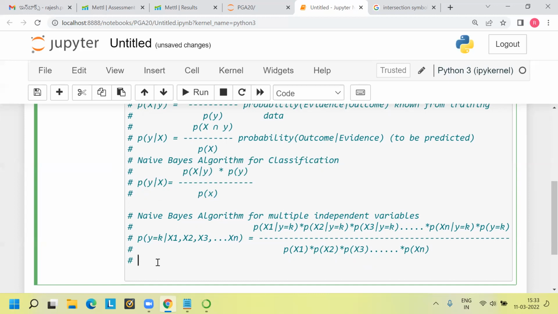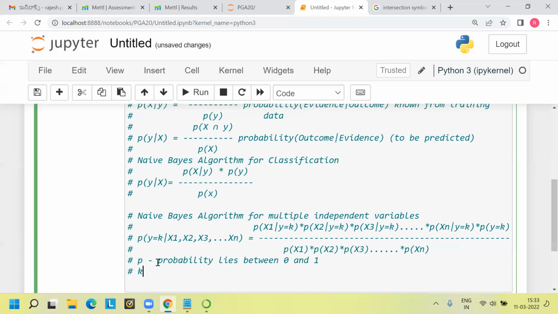So what is P here? Probability, and it lies between 0 and 1. Are you sure? No doubt, right? K is what? Number of classes in dependent variable. Y represents the class in the dependent variable. X1, X2, X3 till Xn, what do we call them?